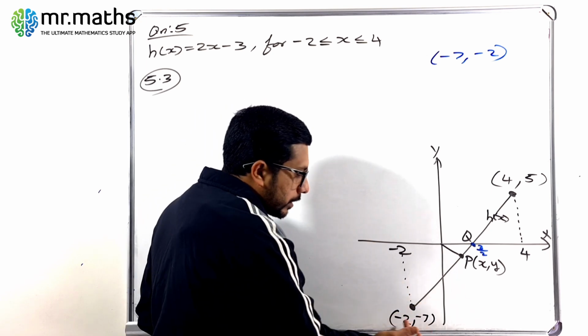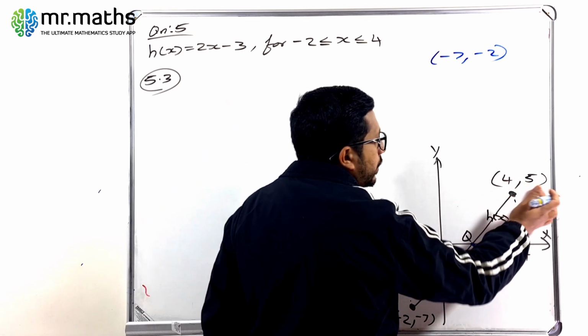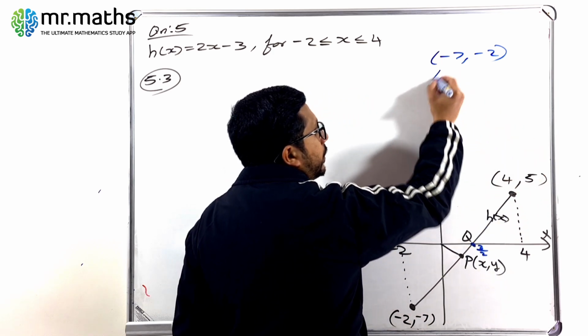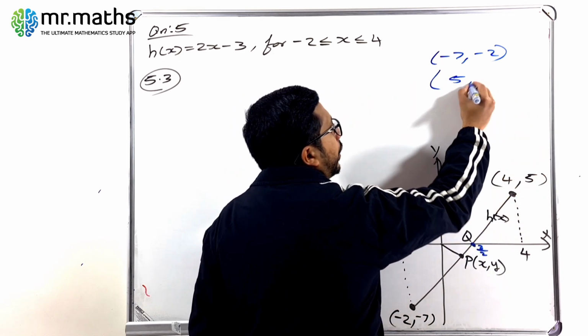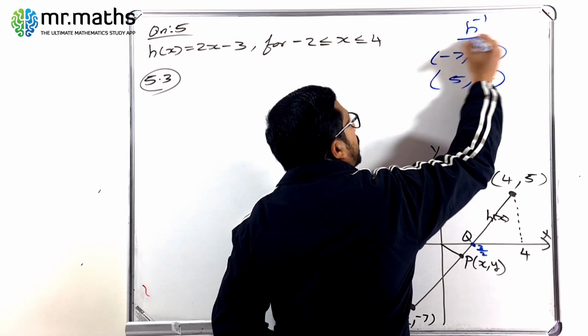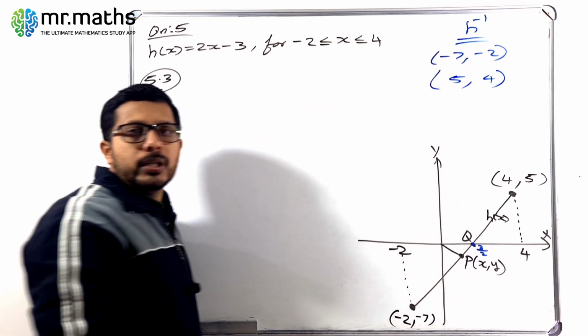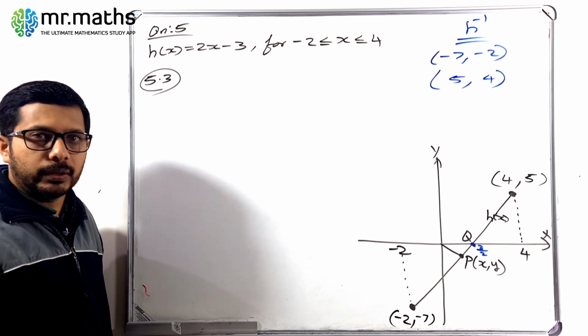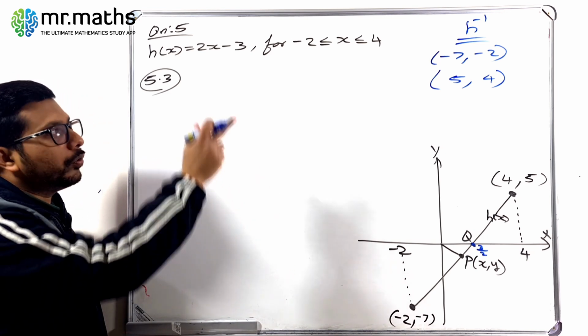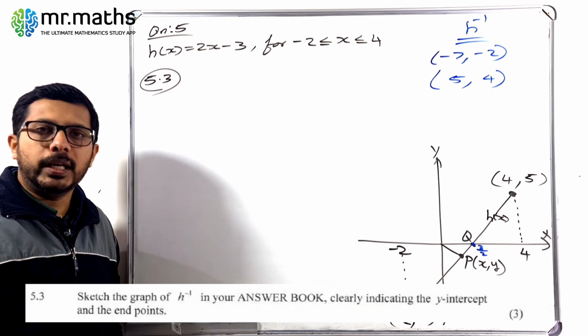And the other end point of the h of x graph is 4 comma 5, so for h inverse it is 5 comma 4. So we can mark these points as the end points of our h inverse graph. You swap x and y in the h of x graph, then you will get the end points of the h inverse graph.